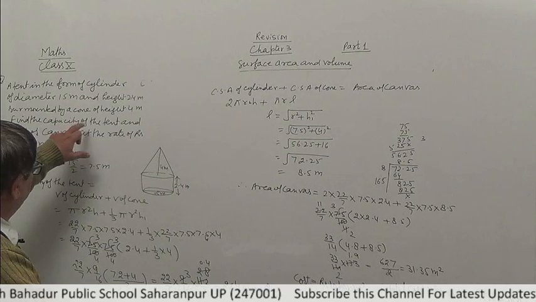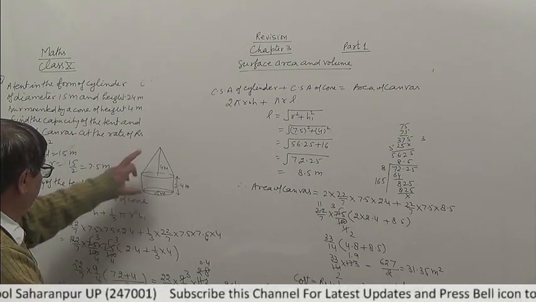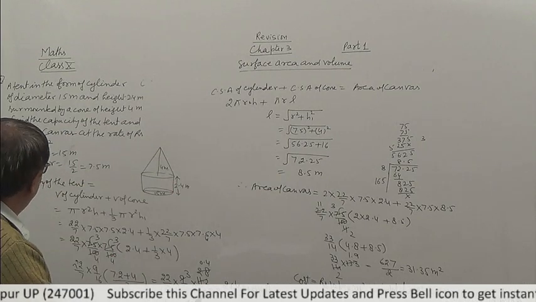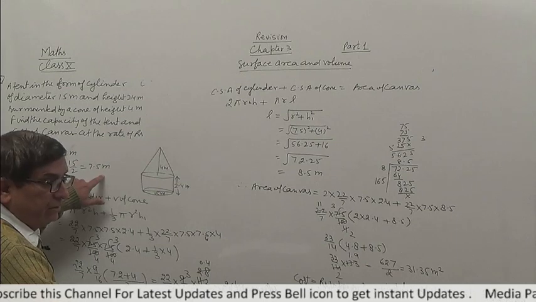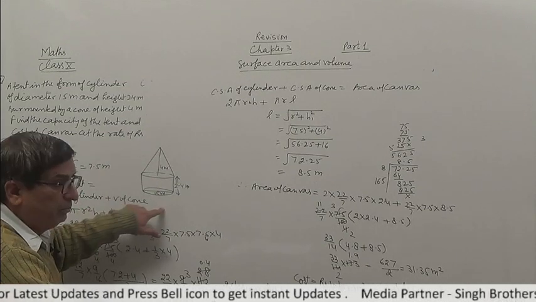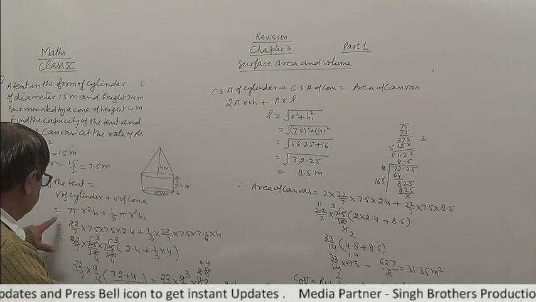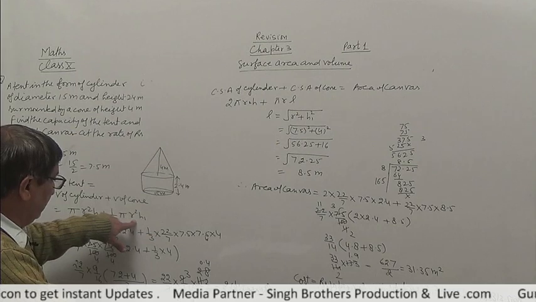Find the capacity of the tent, that means volume of air in the tent, and the cost of canvas used. So diameter is 15, radius is 7.5, capacity is volume of cylinder plus volume of cone, pi r square h plus 1/3 pi r square h1.